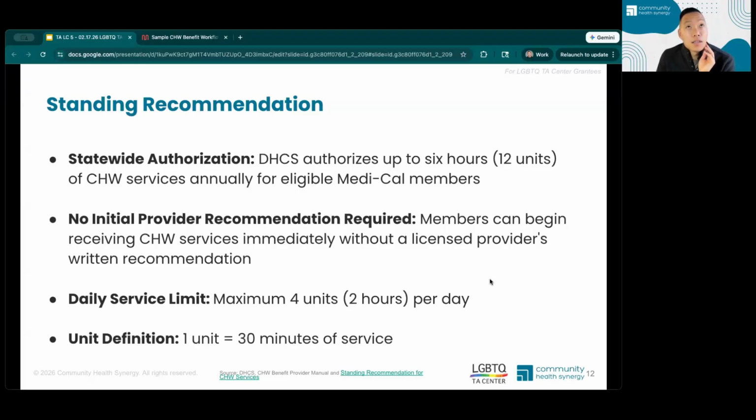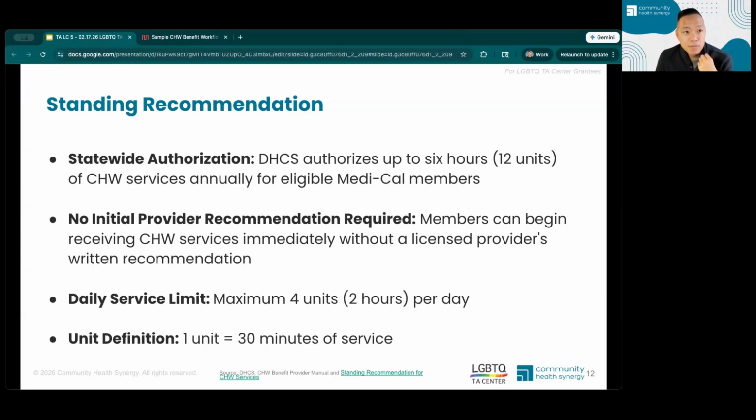Now, layering on the annual limit, there's a daily limit too, right? John can only deliver 2 hours of services per day. That's 4 units technically, if we do 30 minutes per unit, 4 units per day is 2 hours. Say John's providing services for me and I just need back-to-back services.